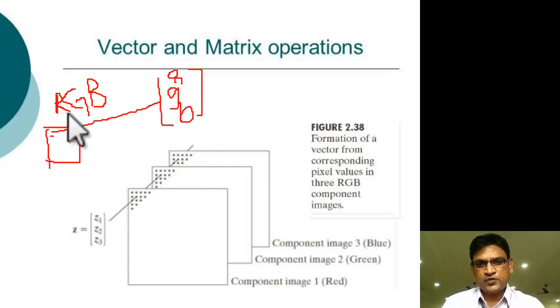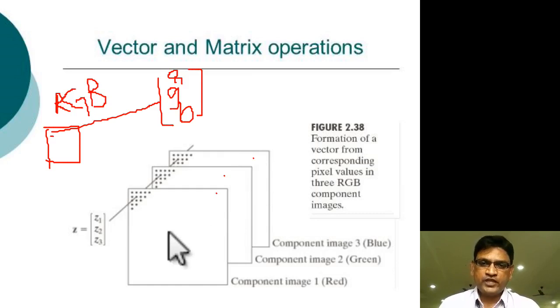So this RGB composite image is divided into three component images. This is the red component image, this is the green component image, and this is the blue component image. Every individual component image is a grayscale image.